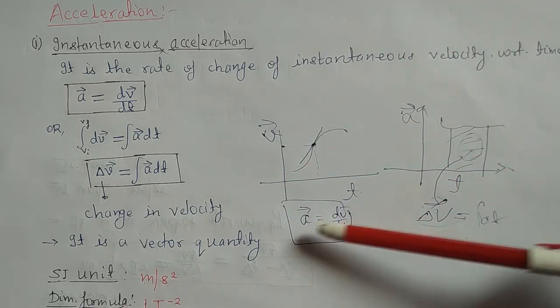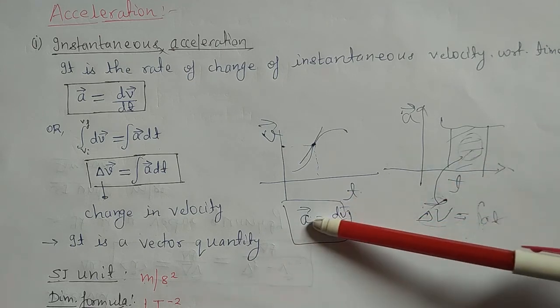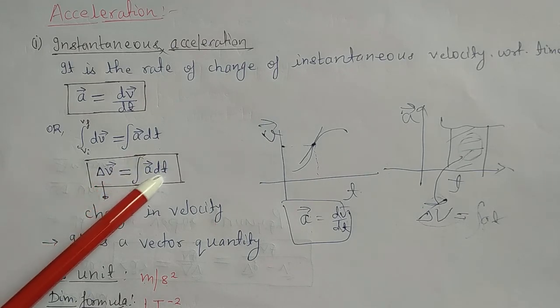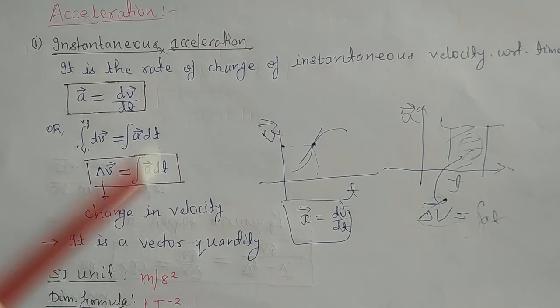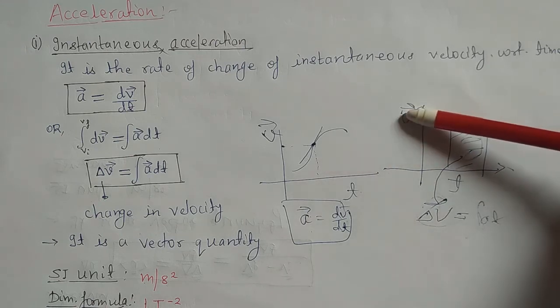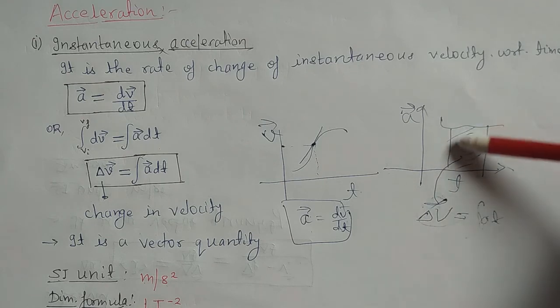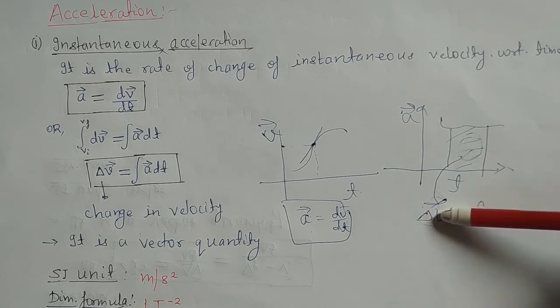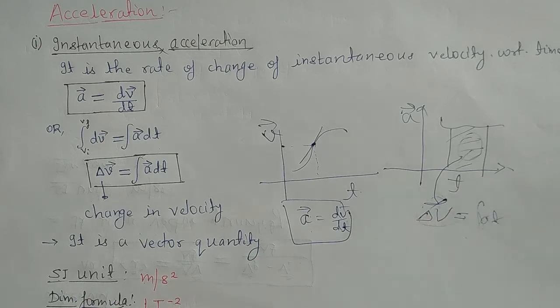That is, acceleration is equal to dv by dt. Now this integral represents the area under the acceleration time curve. So if I have a graph of acceleration versus time, then the area under the graph gives us the change in velocity. That is very important, not velocity, but change in velocity.